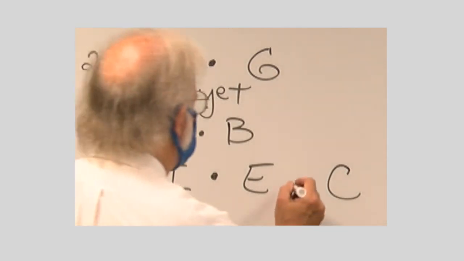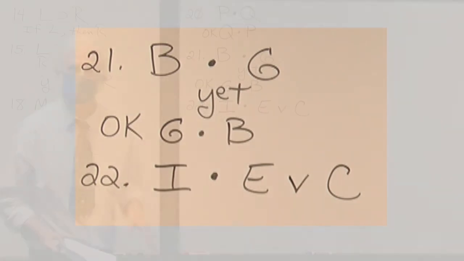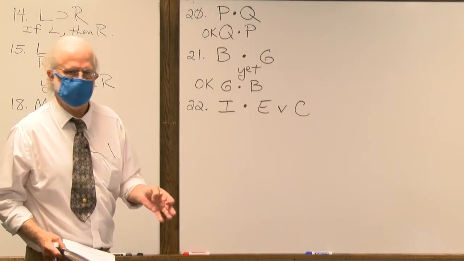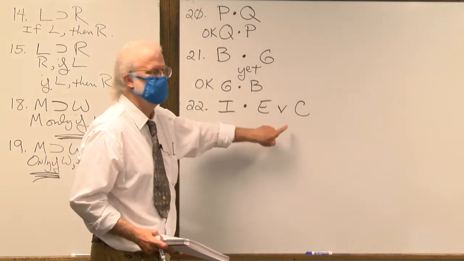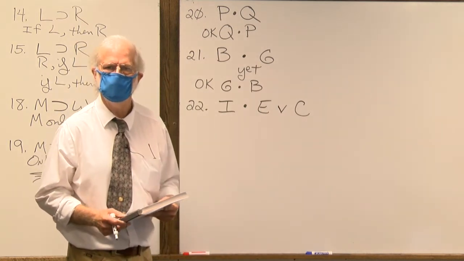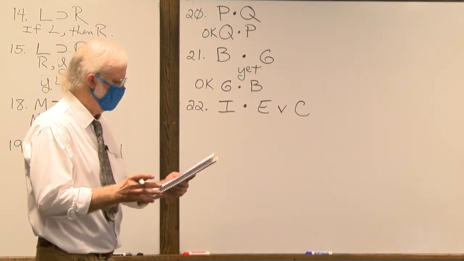That's going to be represented by our wedge. So here we've got the basic order and flow of the simple statements and the connectives. But it should be obvious to you, this is not a well-formed formula. We've got two connectives here. We don't know which one is the main connective. So how do we solve this one?